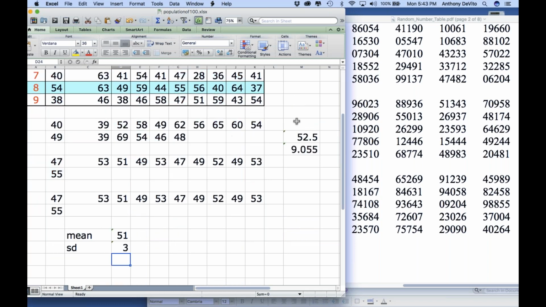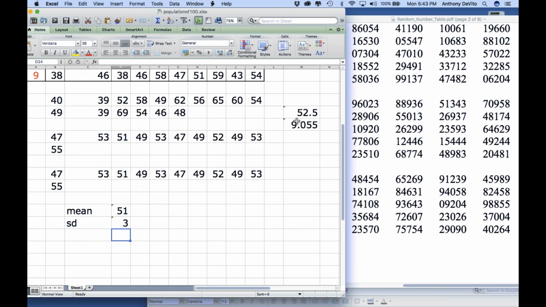So we've just discovered, I can't believe it came out, and it never comes out this well, that if we take repeated samples from a population, our mean will approximate the population mean. But if we take many, many repeated samples, the variability of those sample means is going to be smaller than the variability of the population.